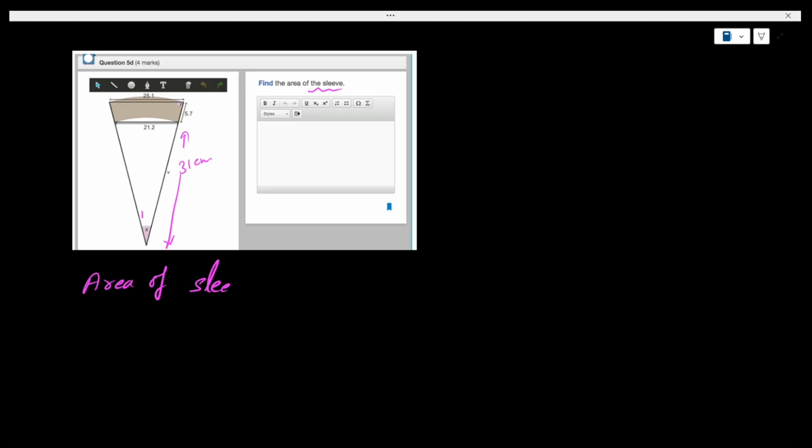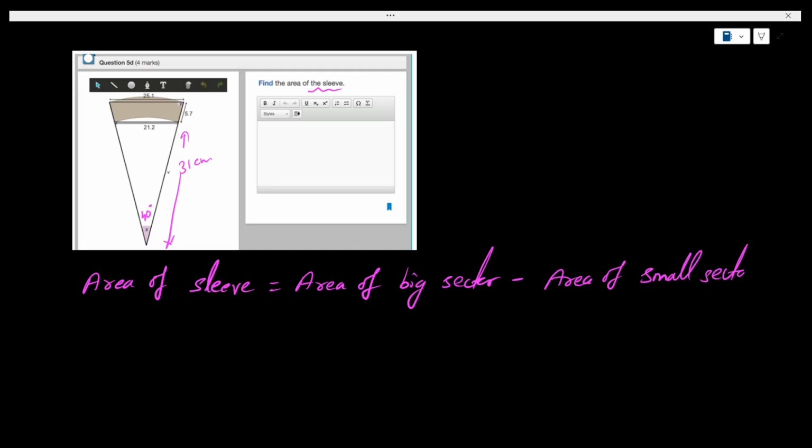Because this angle is known, it is 40 degrees, we have the central angle also. So area of sleeve is area of big sector minus area of small sector. For the smaller sector, r is 31, and for the big sector, capital R will be 31 plus 5.7, that is 36.7 centimeters.